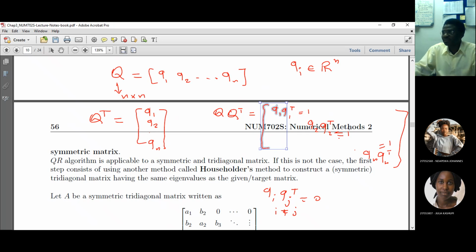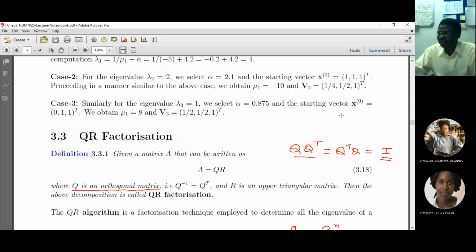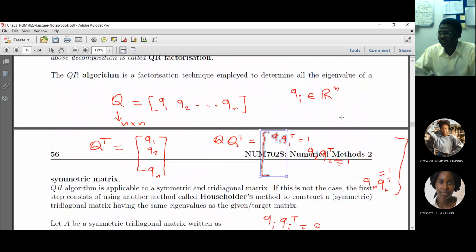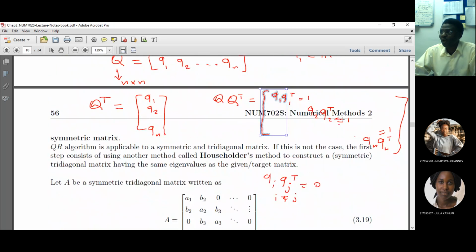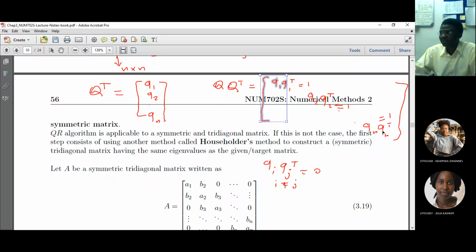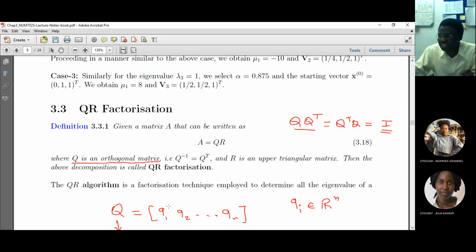So in other words, what I wrote there before means that the norm of each of these vectors is 1. And when you multiply two vectors with different indices, it gives 0. It means that they are orthogonal. That's exactly the way you see. It just means that these entries are orthonormal.